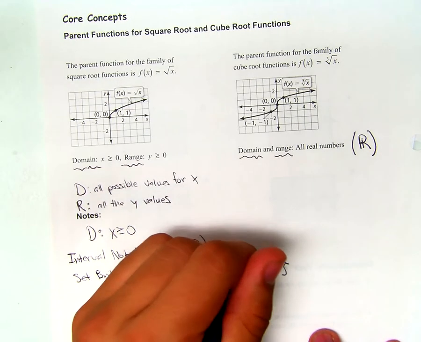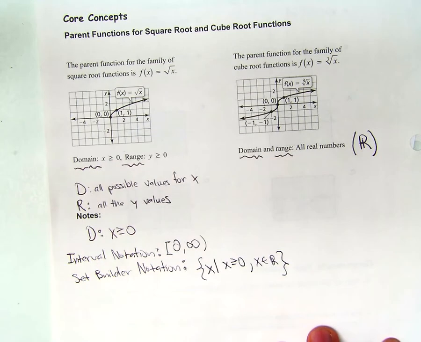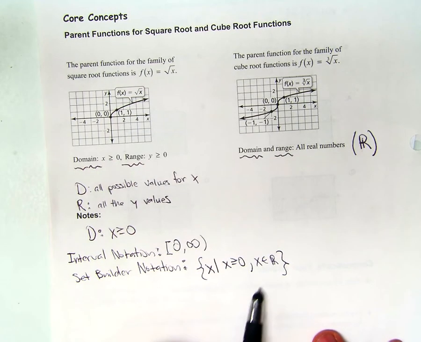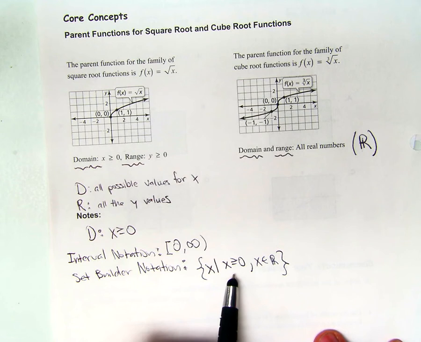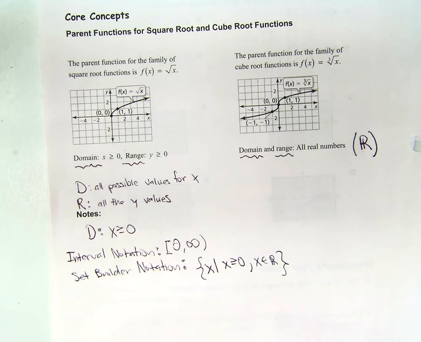So x is an element of the real numbers. When we say that, we know that it's all the real numbers greater than or equal to 0. So it's x such that x is greater than or equal to 0, and all those numbers are real numbers. That's what set builder notation tells us, okay.